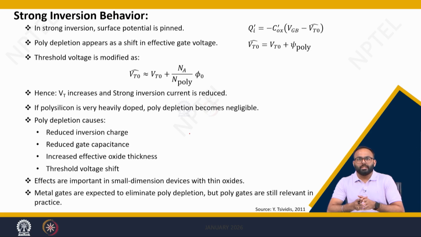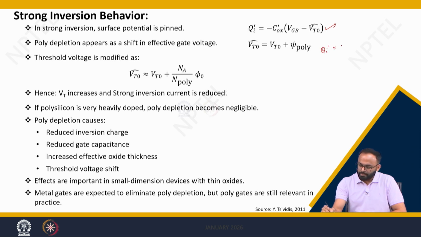In strong inversion, the surface potential is pinned, and we can rewrite the equation for inversion charge as minus COX dash into VGB minus VT naught, where VT naught was the extrapolated threshold voltage.